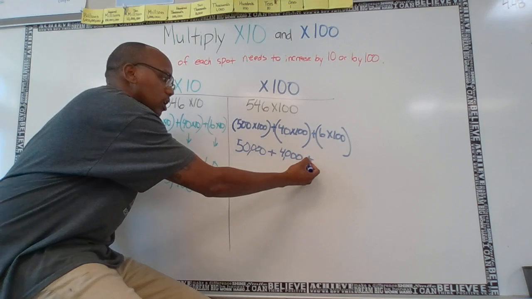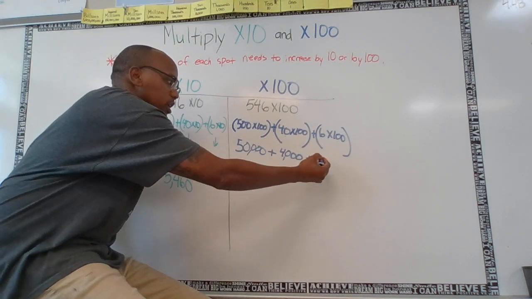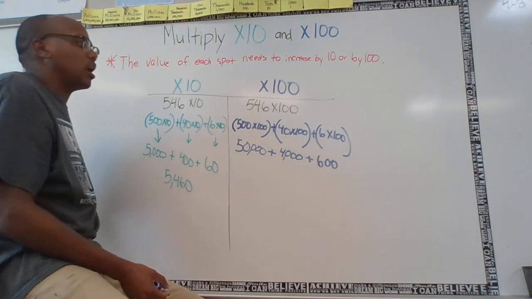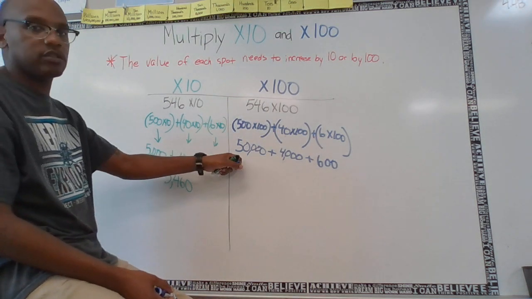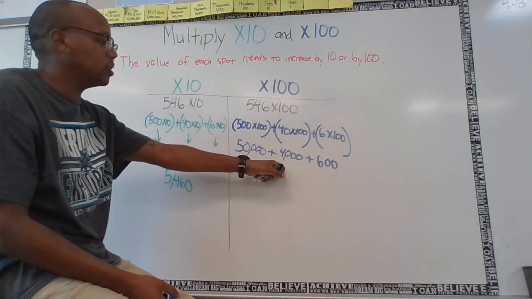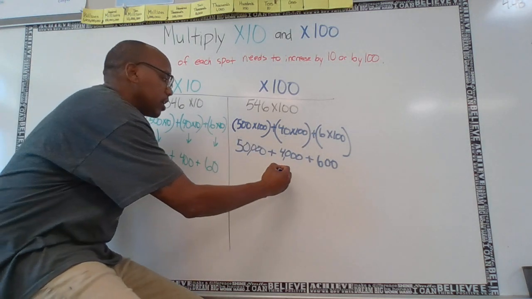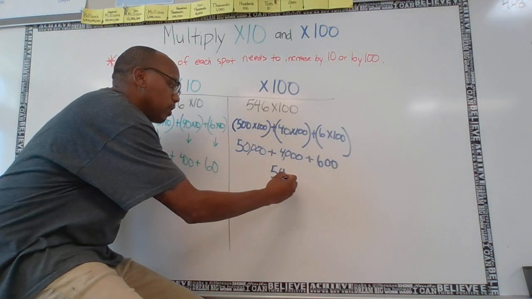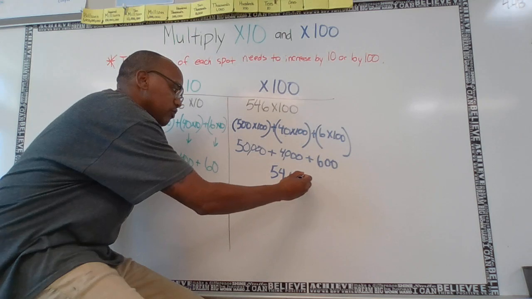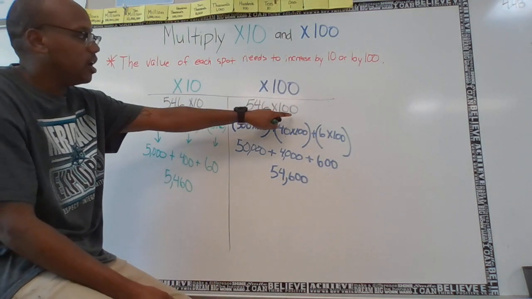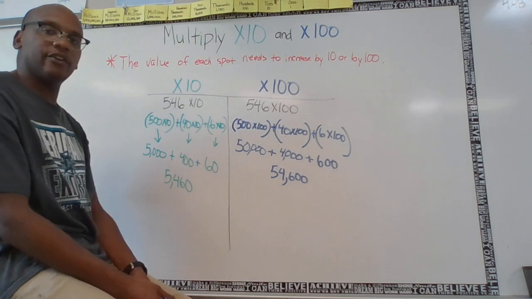Plus I have 6 times 1 is 6, and then I have 2 zeros. All right, so this is 50,000 plus 4,000 is 54,000 plus 600 is 54,600. It makes sense because that's 546 with 2 zeros, like I said earlier.